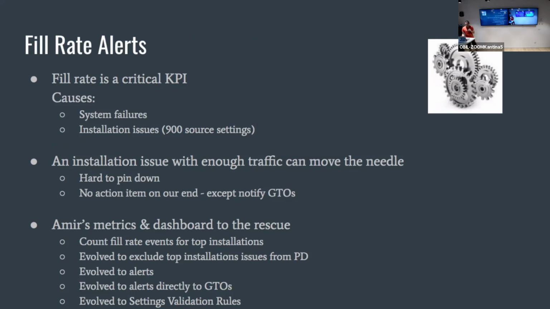So how do we pin down these installation issues, and why do we care about one specific installation? If this installation receives enough traffic, for example, CNN or some huge NTD, it can actually be enough to move the overall fill rate needle and cause a pager duty for us. And it can be important and maybe not.